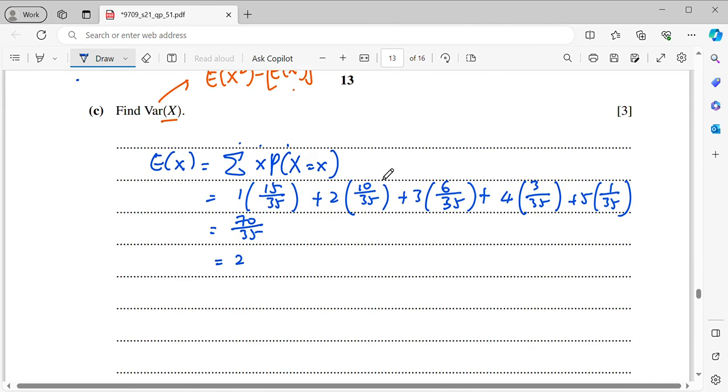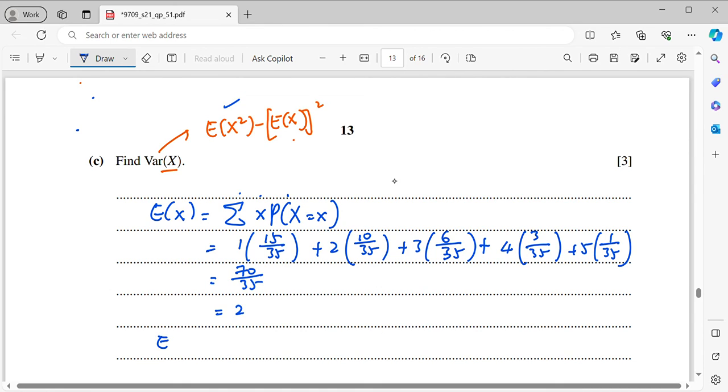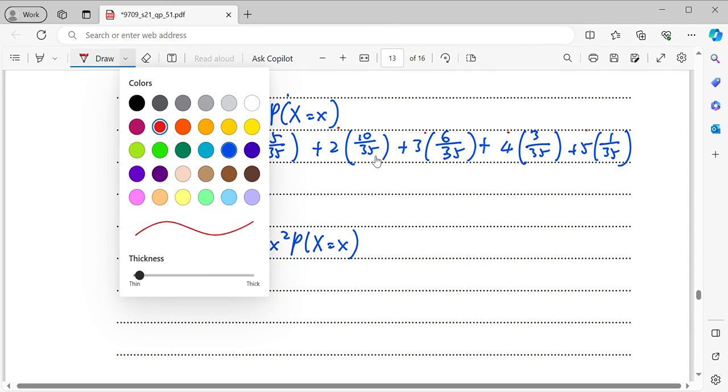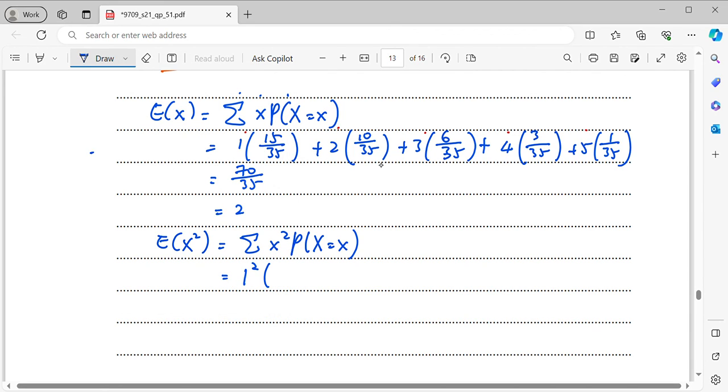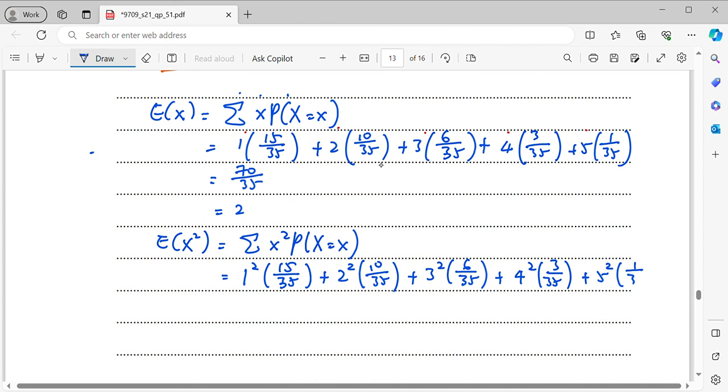So now for the E(X squared), I've shown here. So E(X squared) means it is the same as summation x squared times the probability, which means now you need to square all the x. Okay, all these x you square. The rest copy. So my calculation becomes 1 square times 15 over 35 plus 2 square times 10 over 35 plus 3 square times 6 over 35 plus 4 square times 3 over 35 and lastly 5 square times 1 over 35.